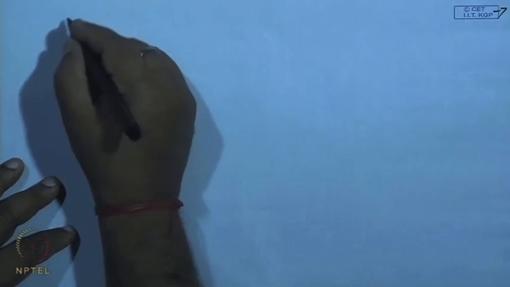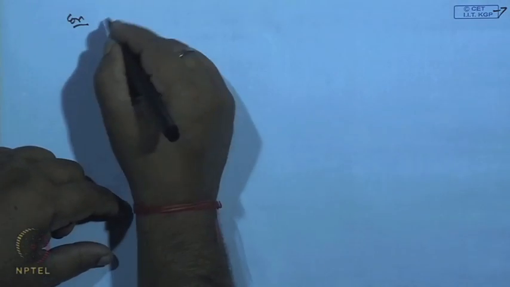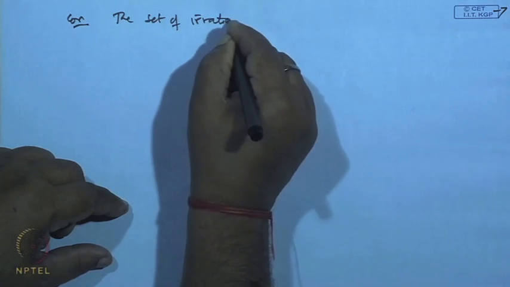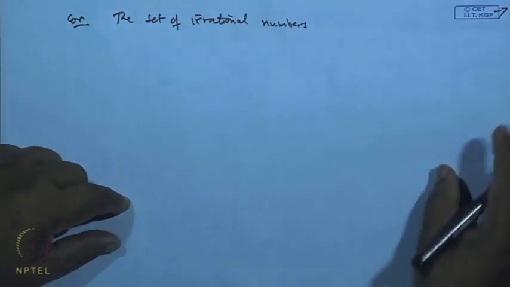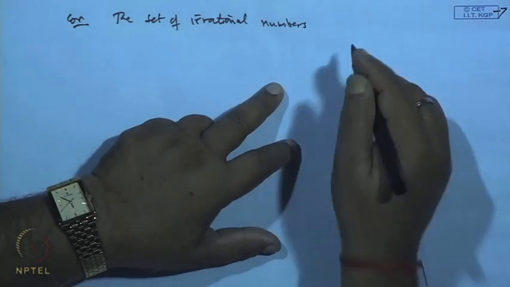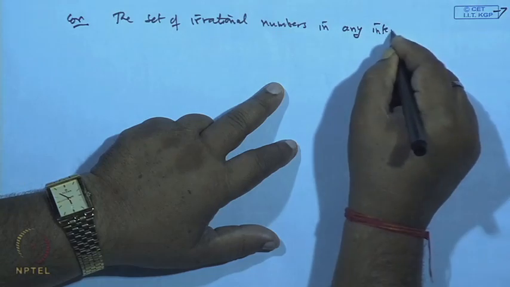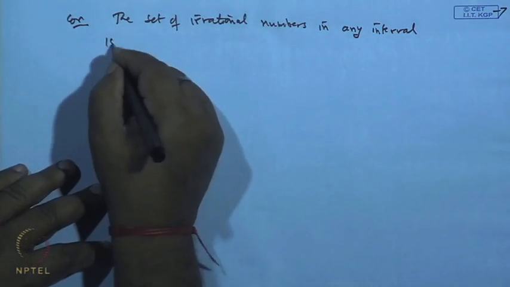As a corollary of this, we can prove one thing: the set of irrational numbers in any interval is not countable.